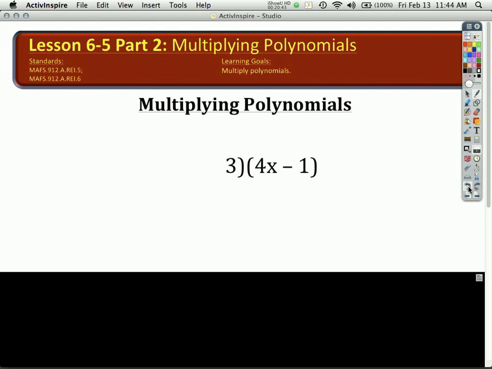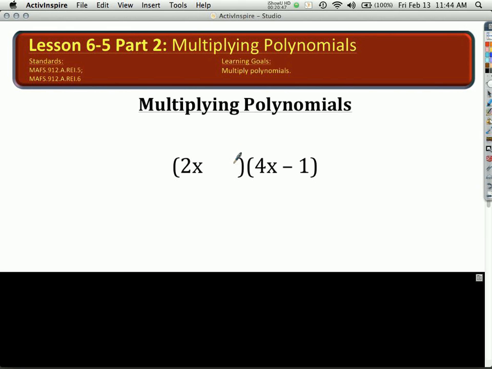Now let me back up. Now I'm going to get rid of this. And we're going to pretend that the 2x is right here. How many multiplications are we going to do for that? Hold up the number of fingers. Some of you not sure. Put your hands down. Well, what is this an example of?